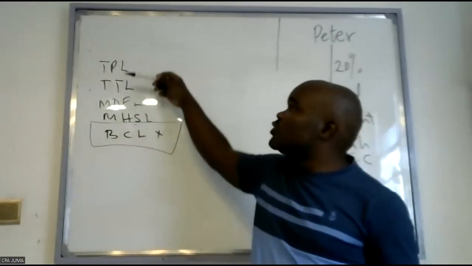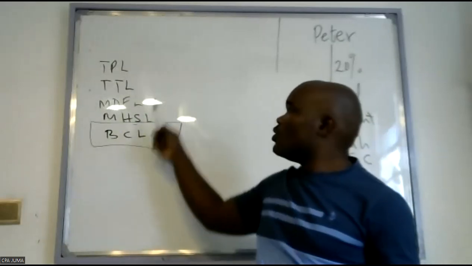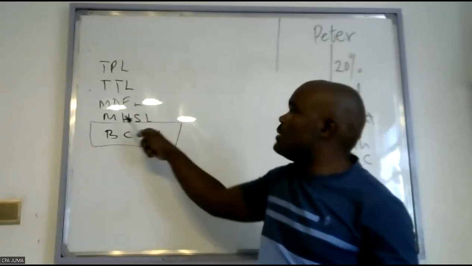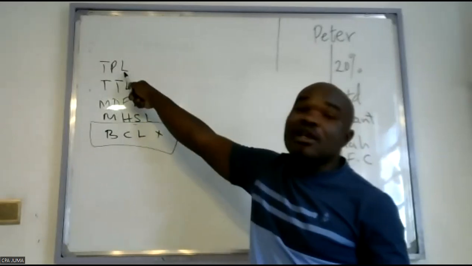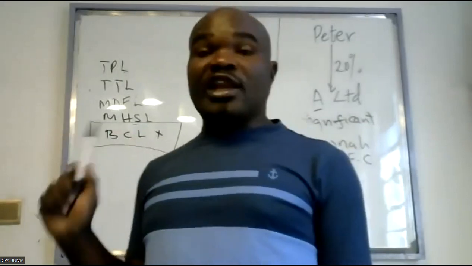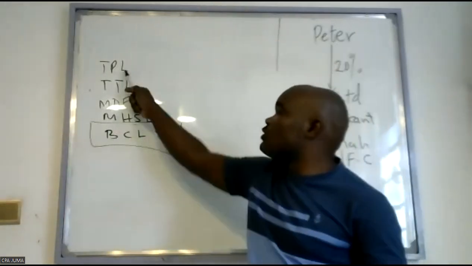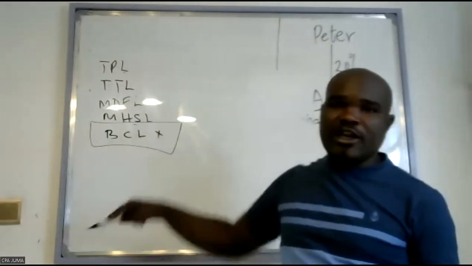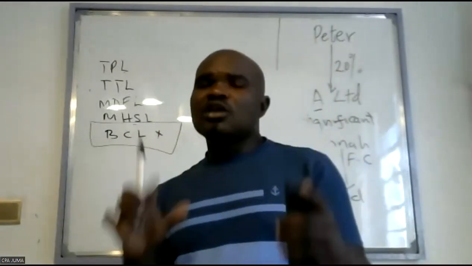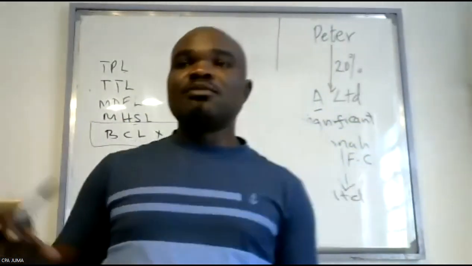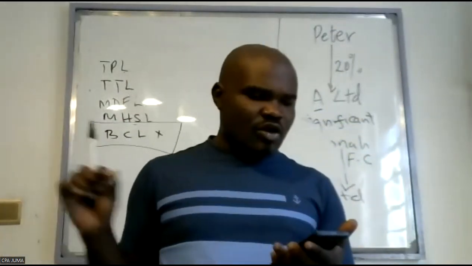Any transaction between any of these 4 companies among themselves, if MHSL transacts with TPL, must be disclosed. You must tell users of financial statements for clarity purposes. But if any of these 4 transact with BCL, you don't disclose because they are not related. What brought them close was Tamiba being a director in common. But entities are not related simply because they have a director in common.